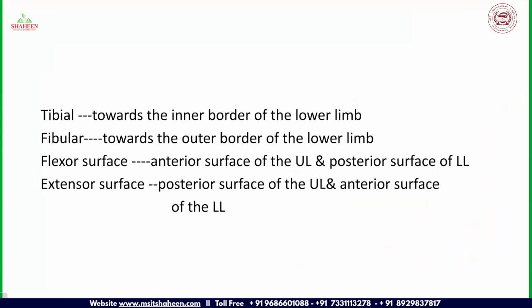Next, just like this, tibial and fibular. Which are the two bones seen at the leg portion? Tibia and fibula. So which one is medial and which one is lateral?